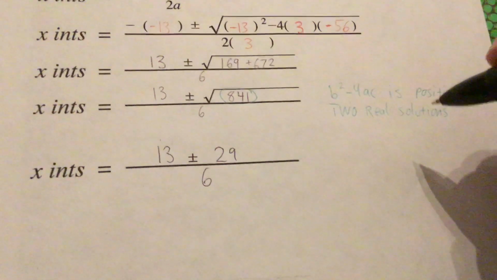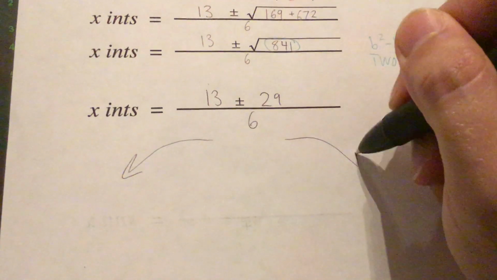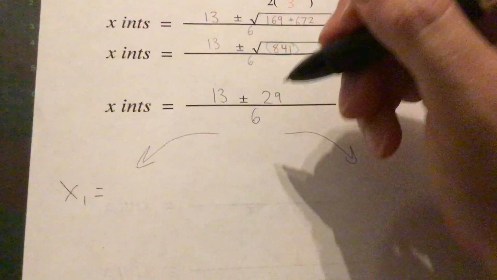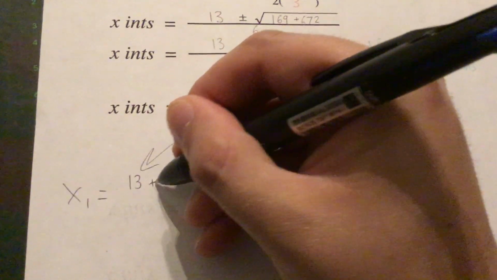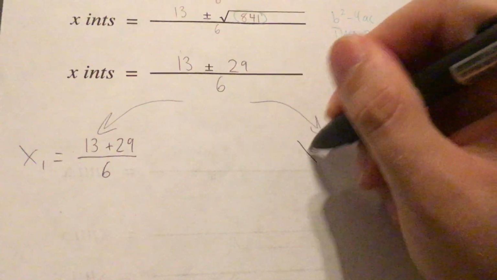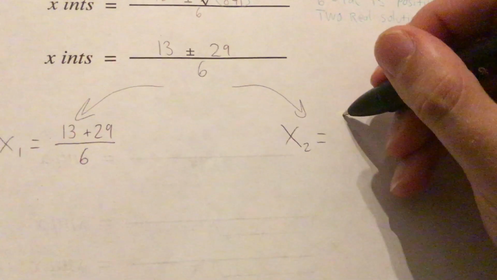Well, that explains the 2 real solutions part, because now we've got x1 is equal to 13 plus 29 over 6. Or x2, 13 minus 29 over 6.